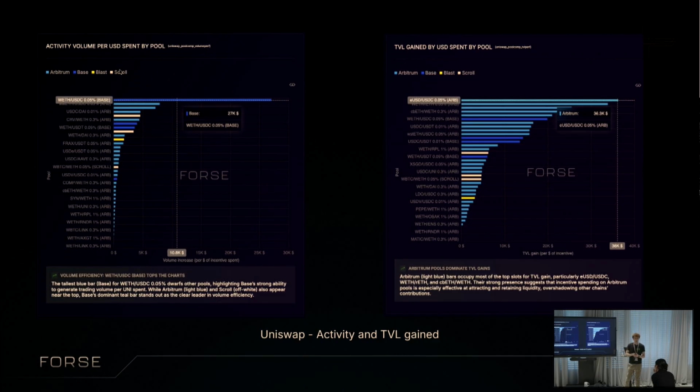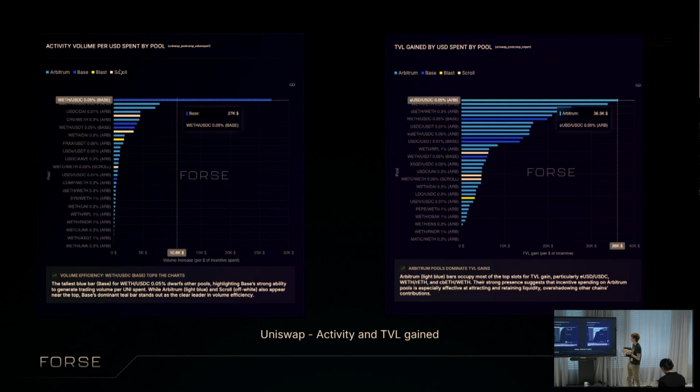But what you can see here is the value of these liquidity mining programs. Because given that you spend $1 in, well, I'm going to call it real money, or money that is likely going to be sold on the market, and you get a 36 grand increase in your TVL, it means that you generated a lot of market cap, meaning you can hold back a lot of sell pressure because you have so much TVL.